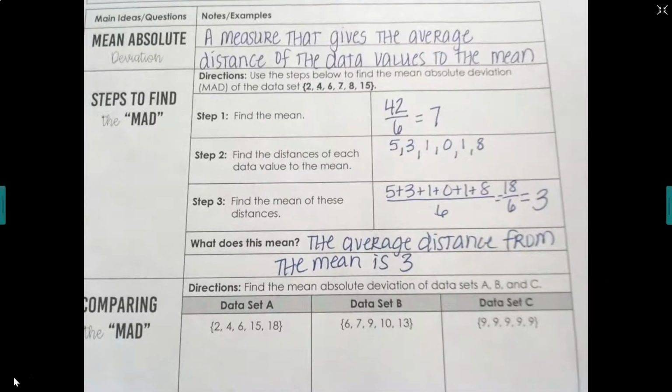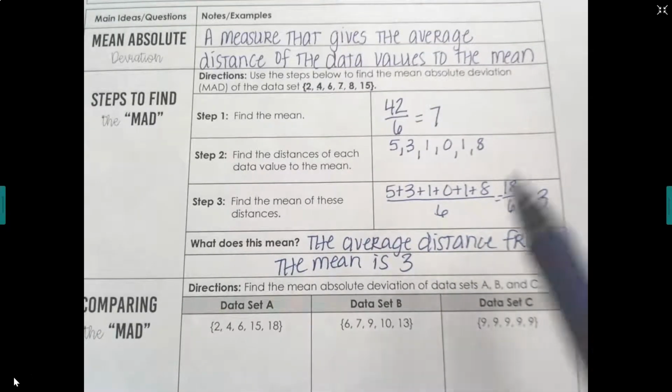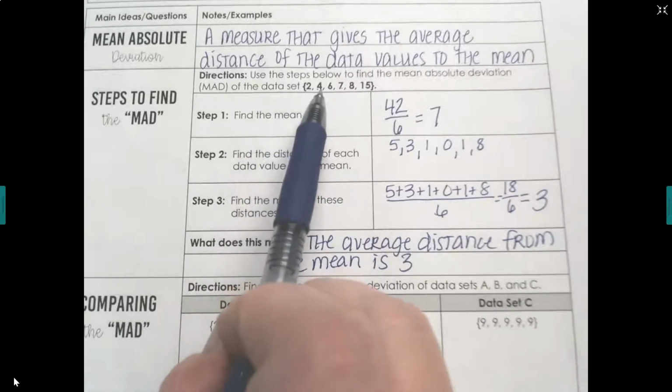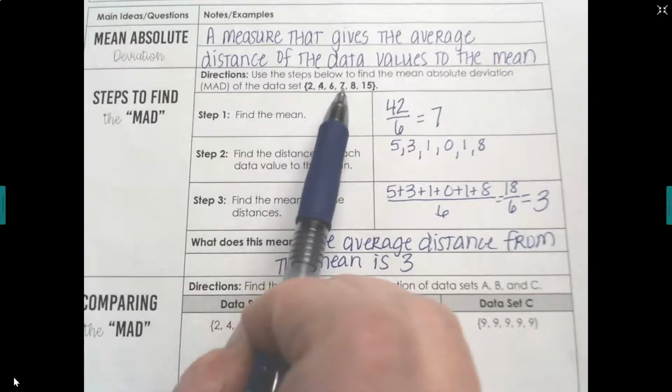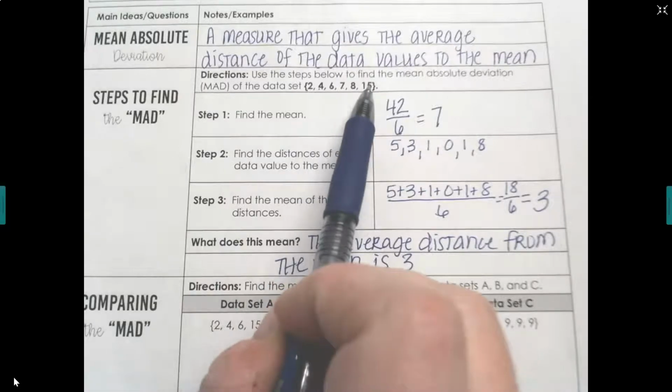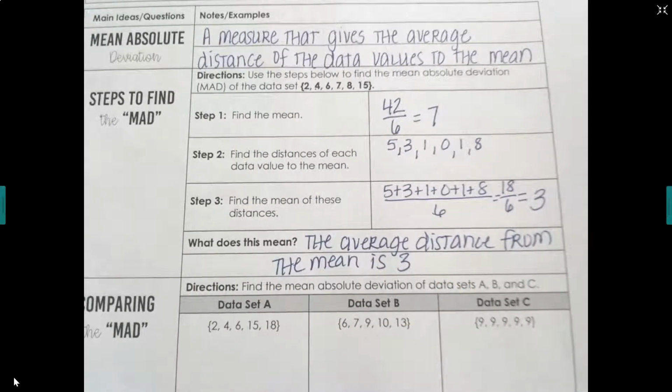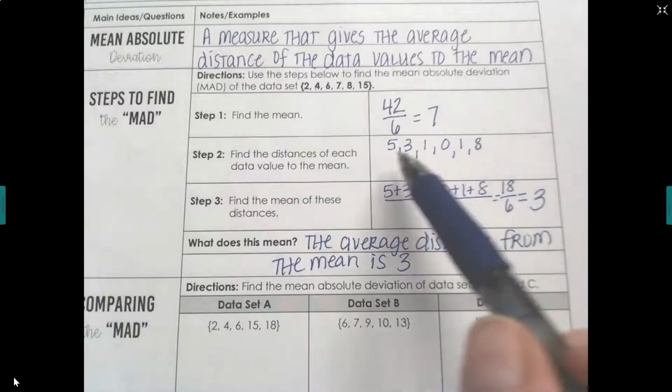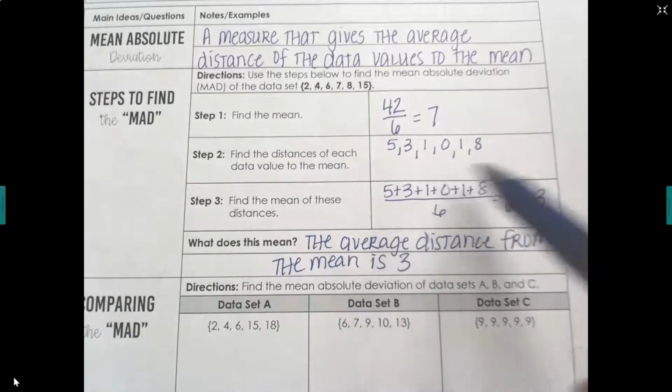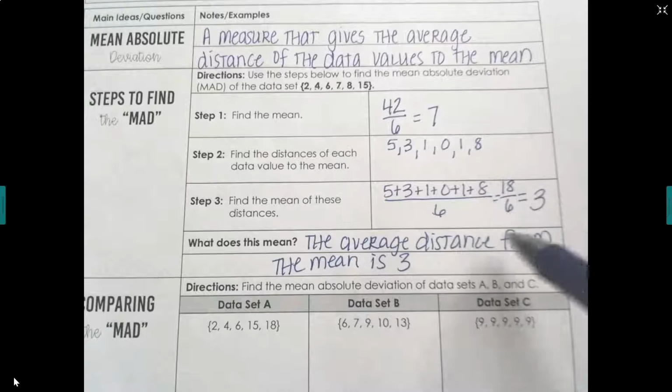If you were thinking about it, I had 6 friends, and I have a friend that lives 2 miles away, 4 miles away, 6 miles away, 7 miles away, 8 miles away, and 15 miles away. On average, the average distance away from me that they are is 3 miles. So I found their differences. The average distance from the mean is 3 miles.